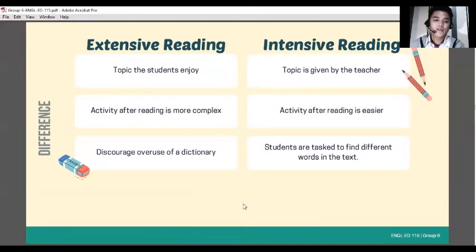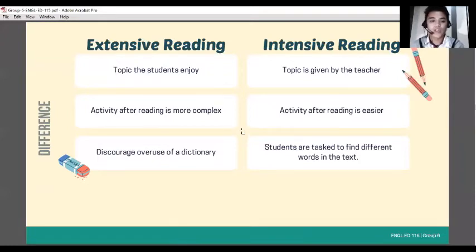In extensive reading, the activity after reading is more complex because, if for example we will be giving a longer text, this will have a more complex activity because you need to understand each chapter of the story. Unlike with intensive reading, the activity after reading is easier because it's shorter texts, so it's easier for the students to go back and understand the story more fully.